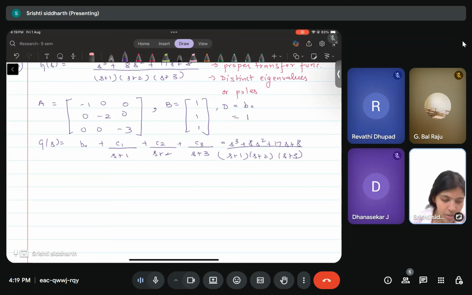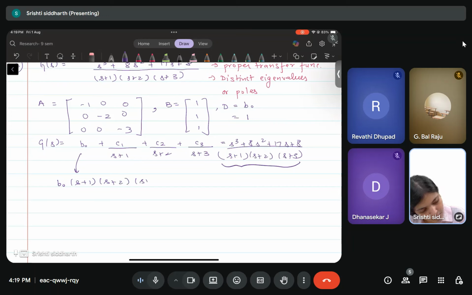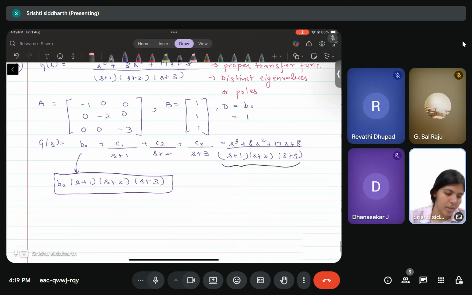Okay, so you can observe that if we cross multiply by this S plus 1, S plus 2, S plus 3 and substitute in steps S equals -1, S equals -2 and S equals -3, then this B0 does not have any effect on the calculation of C1, C2 and C3.